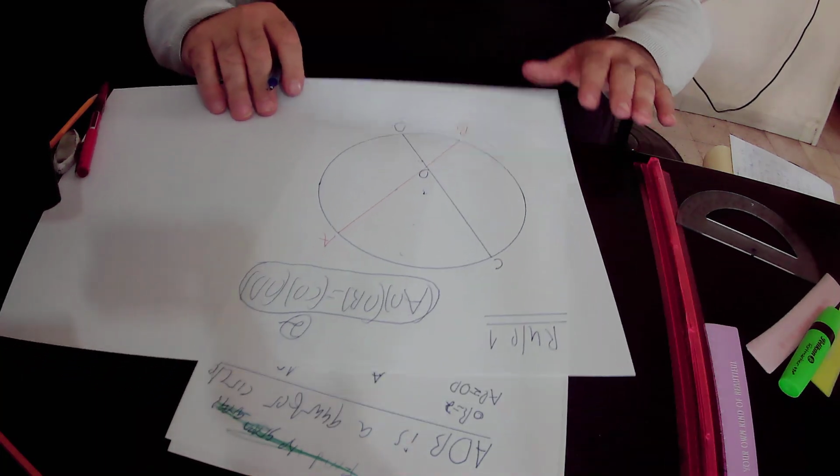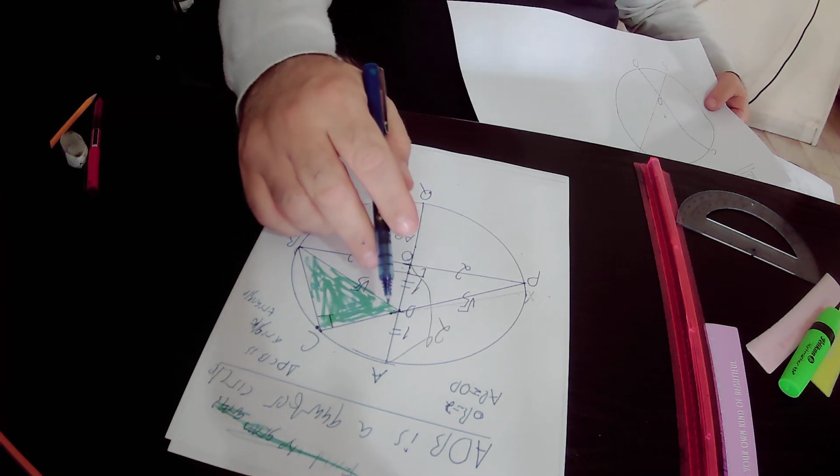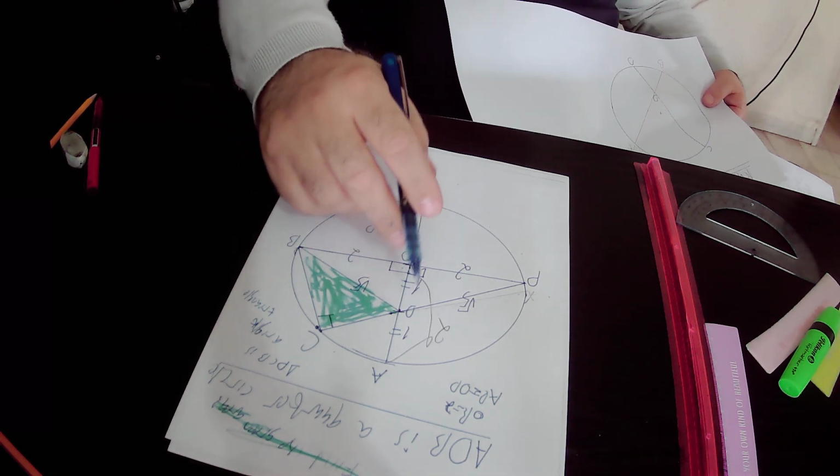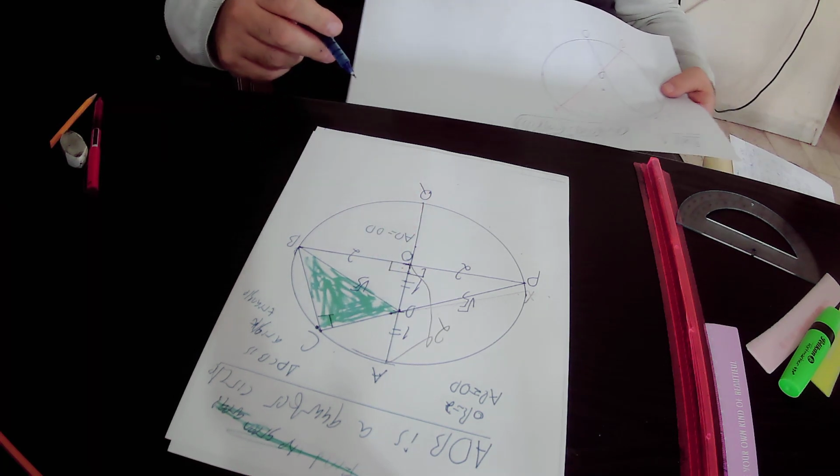We can implement rule number 1 in our drawing, because in our drawing we have chord AQ. Chord AQ intersects with chord CP at point D. I will write it down.